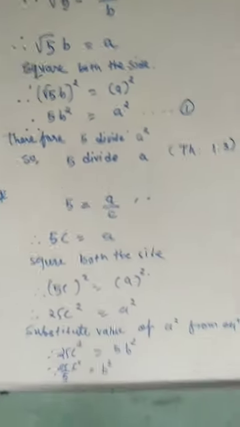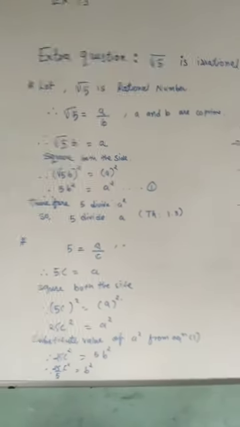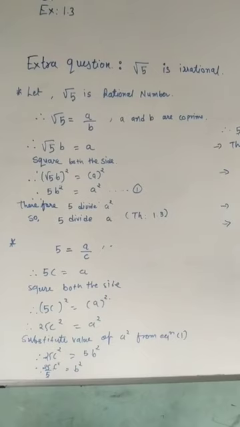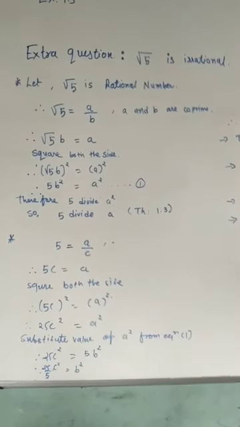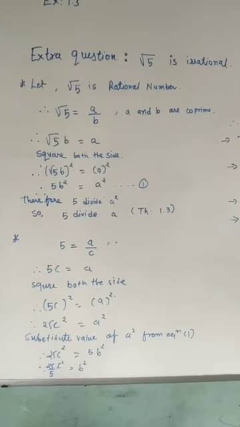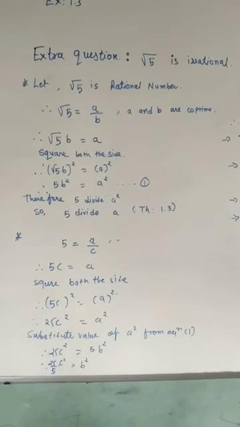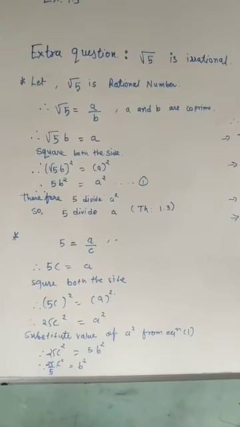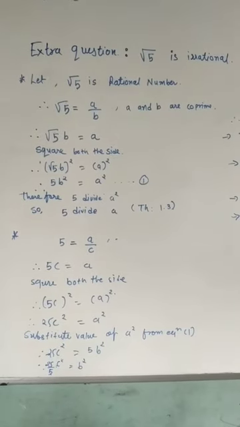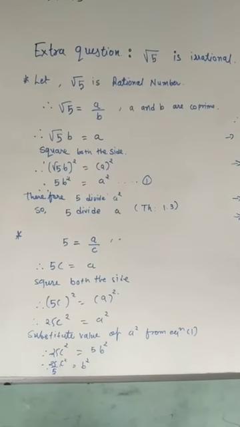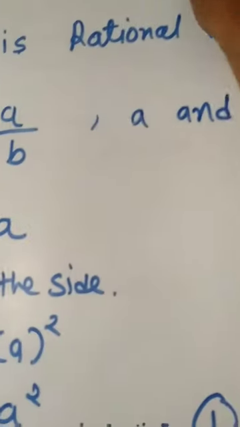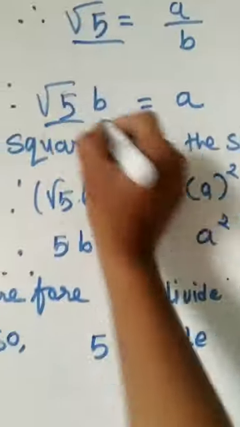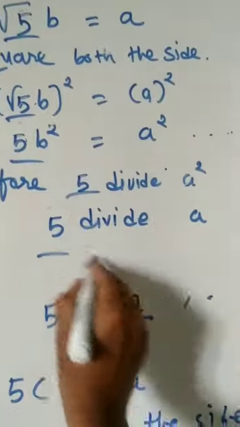The important thing which I would like to share with you is that you have to remember by heart the proof for root 2, that root 2 is irrational. You have to write it in your notebook properly, and if they ask you that root 3 is irrational, you just have to make changes wherever I told you, wherever you can see these numbers.